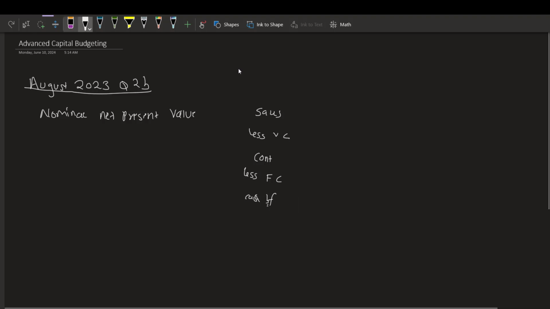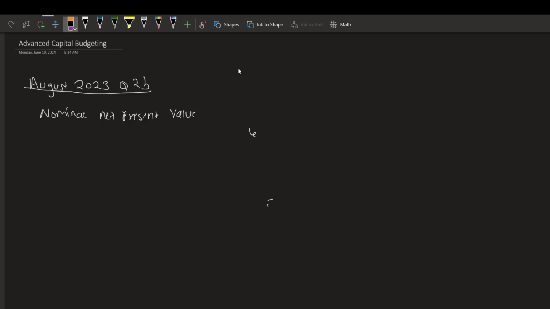And let's start by getting the sales. So we have the selling price. We have the year: year 1, year 2, year 3, year 4. So we have the selling price per unit.